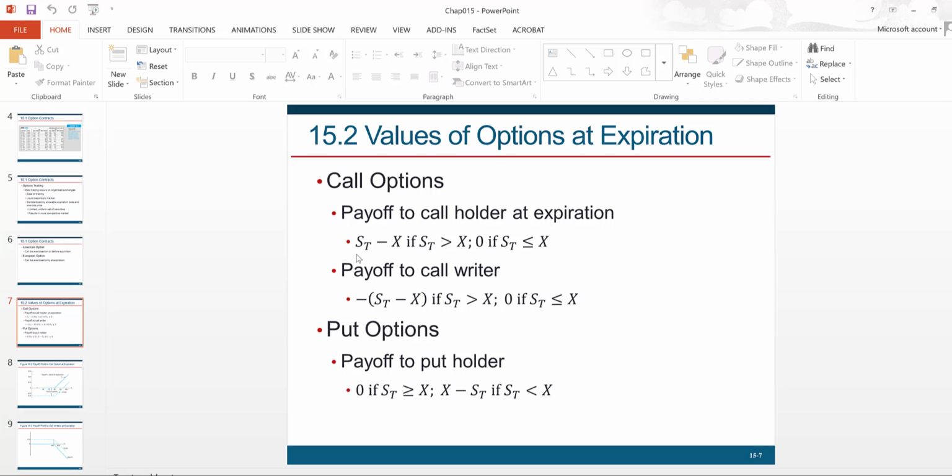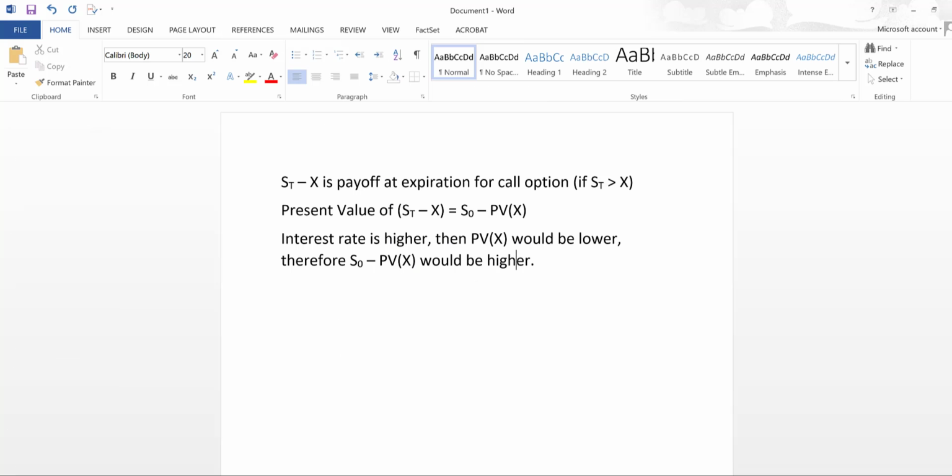ST minus X at expiration. So there is no dividend here. There is only a stock price. Higher the ST, higher would be your payoff, right?